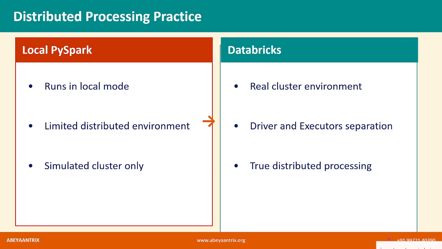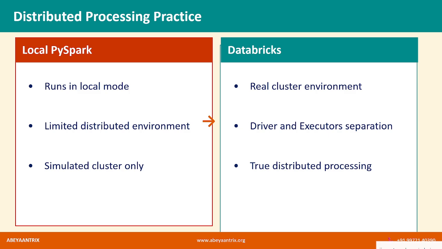You cannot go beyond that, because your laptop has only 8 cores. That is very limited. It is only simulating a cluster. Whatever you are doing, you do it in one system only. You cannot extend your process into any other system.